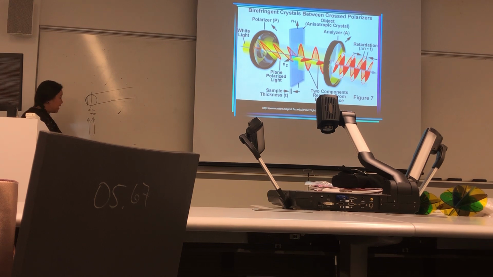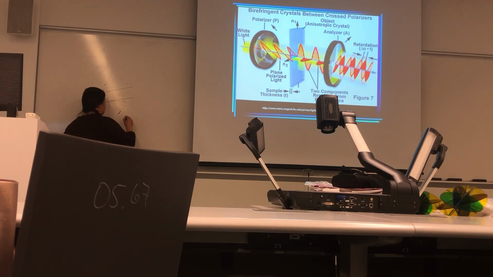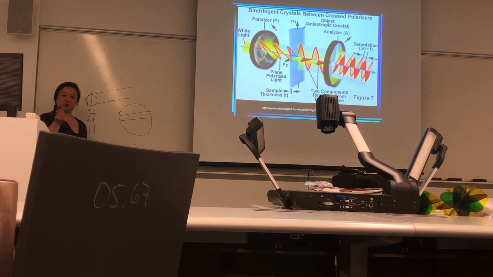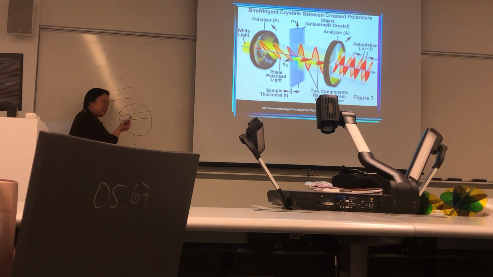Okay, so that's the reason why when you're looking at a sample, if this is the field of view, and you're looking at, let's say, polyester, which is really cool because polyester is highly birefringent, you'll be seeing a rainbow of colors, multiple rainbows, from the center to the outside of the polyester fiber.